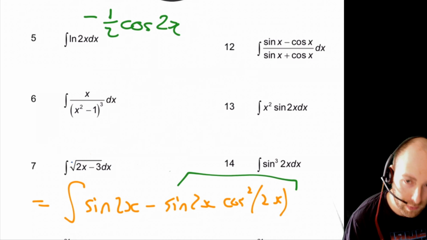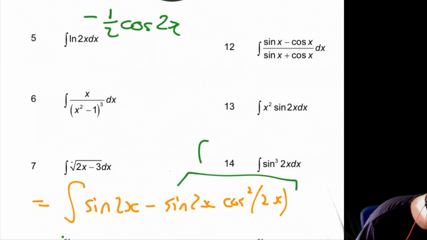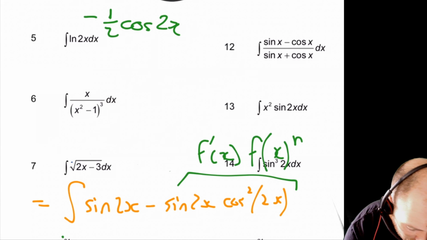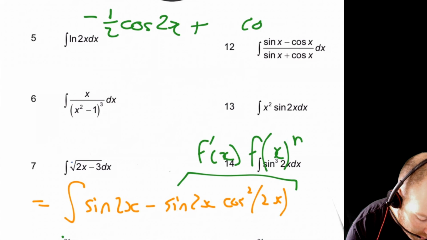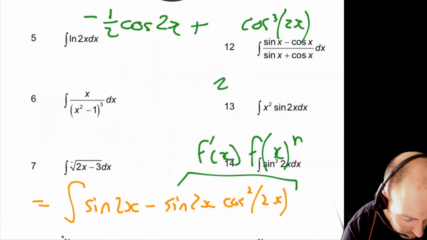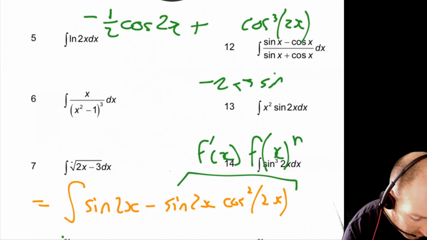And this bit, hopefully you guys can spot, is a function times its derivative. So we're going to try cos cubed 2x. If we differentiate cos cubed, we'd get 2 out the front, we'd get 3 out the front. The cos would turn into minus sine 2x.